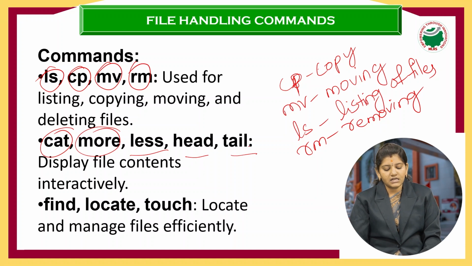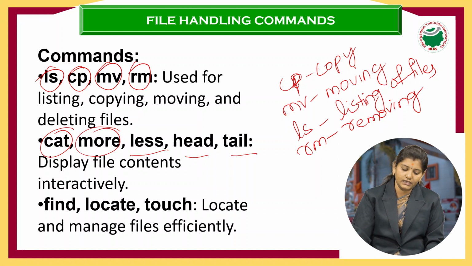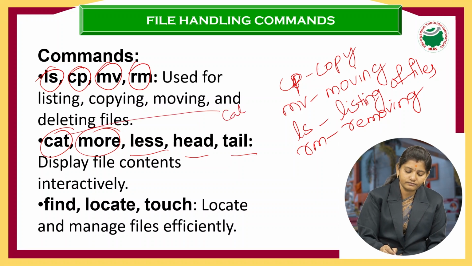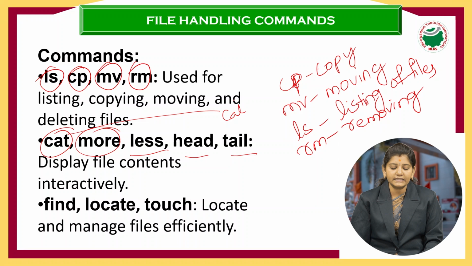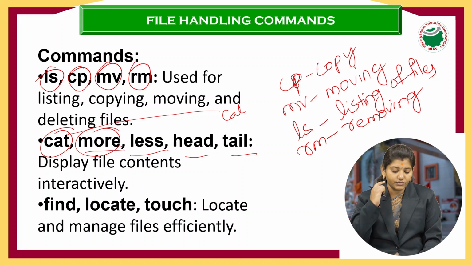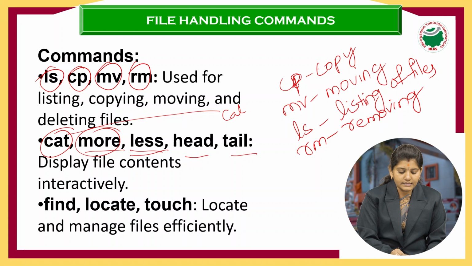These are the commands that we use for displaying file contents interactively. Cat is for concatenating the files or data, more and less are for showing the data page by page, head shows the first part of the file, and tail shows the last part.